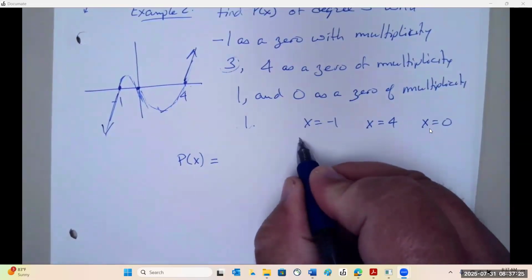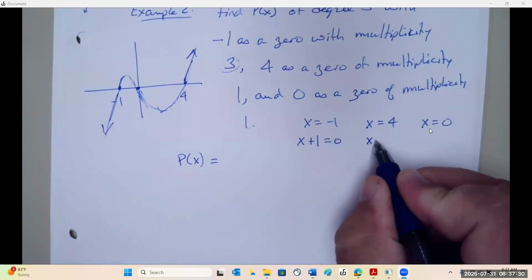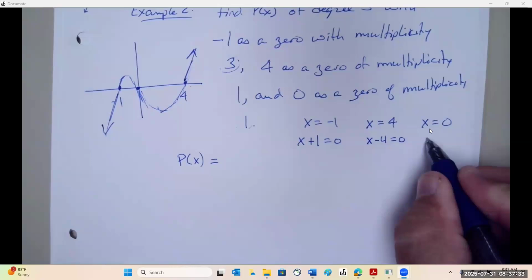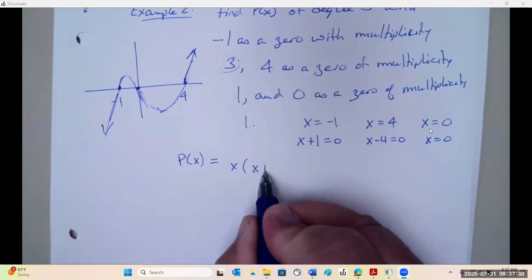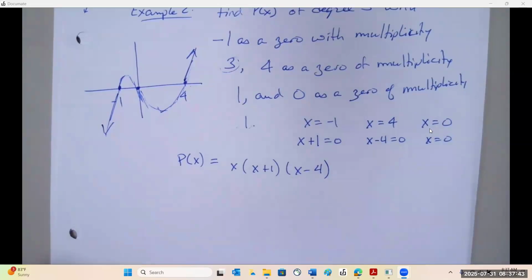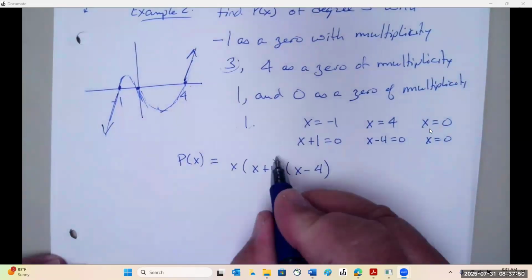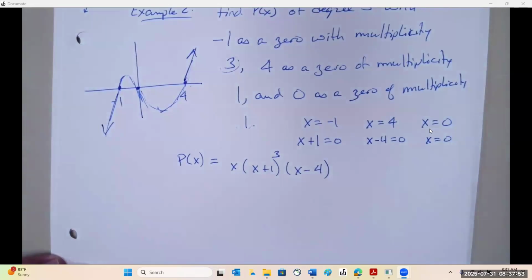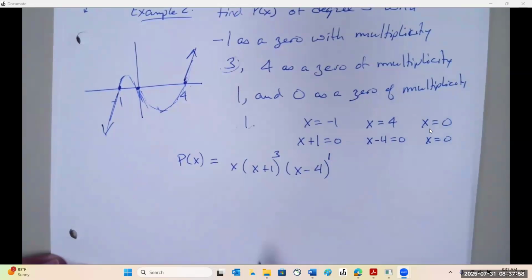So what my equation looks like is x plus 1, x minus 4, and x. And the multiplicity of the -1 is 3. The multiplicity of 4 is 1. And the multiplicity of x is 1.